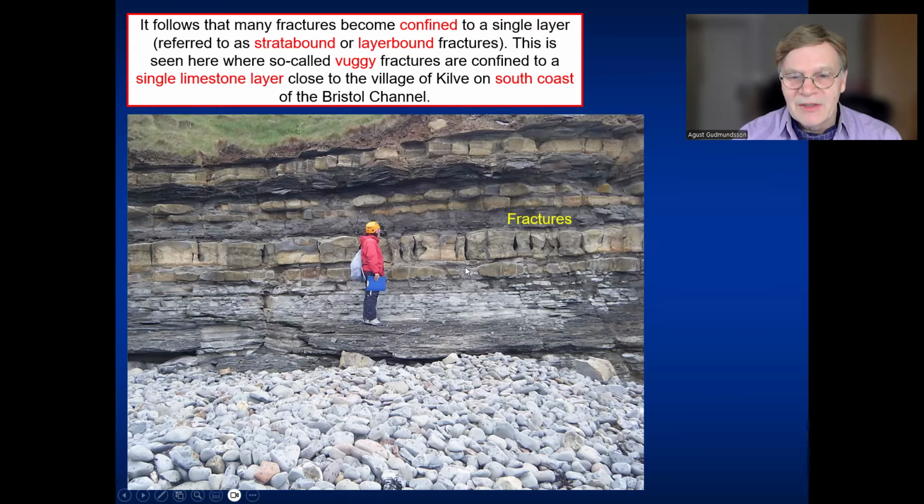This is close to the village of Kilve on the south coast of the Bristol Channel. These are so-called veggie fractures where a fluid, primarily groundwater, has gone through and made the fracture gradually more open. They were not initially of this opening here. This is later formed by water flowing through and making them wider, or greater opening.